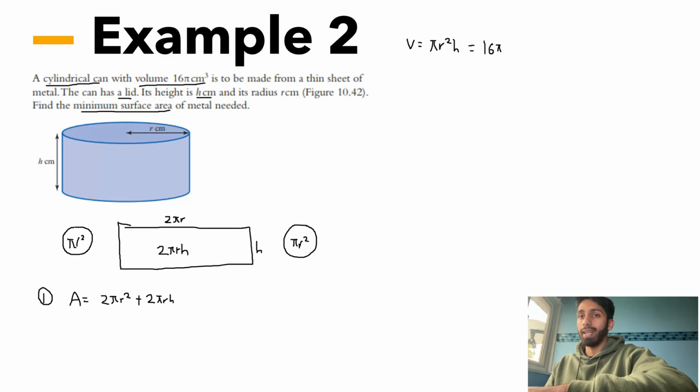So essentially, we need to make h the subject of the formula here. So all I simply need to do is divide by pi r squared. That gives us h is 16 pi over pi r squared. And actually we can simplify this more because the pi's cancel out, so 16 over r squared. And we can call this equation 2.